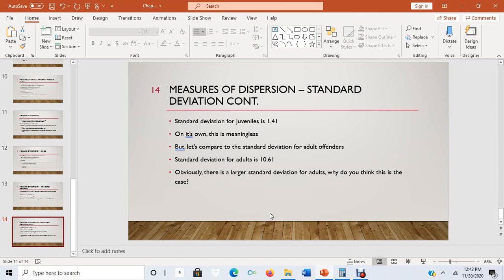So comparing these two data sets, with our ages of juvenile offenders and our ages of adult offenders, we would expect to see more variation with our adult offenders. To be considered a juvenile, you have to be under 18, so there's less variation there. So we would expect to see a larger standard deviation for adults as compared to juveniles, and in this case we do. We see a standard deviation of 10.61 for the adults compared to our juveniles at 1.41.